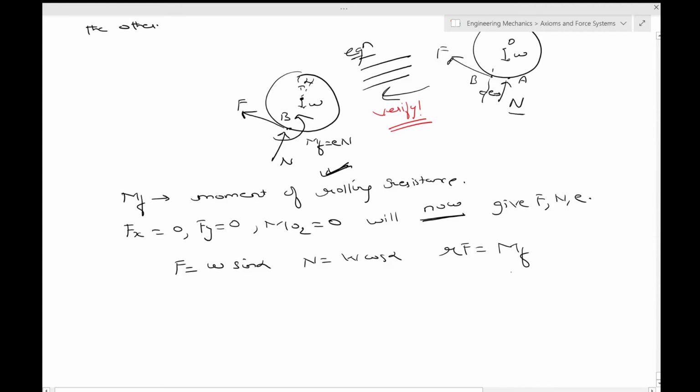Okay, so this is all about O, and this would mean that E is equal to MF by N, or RF by N, or R tan alpha.